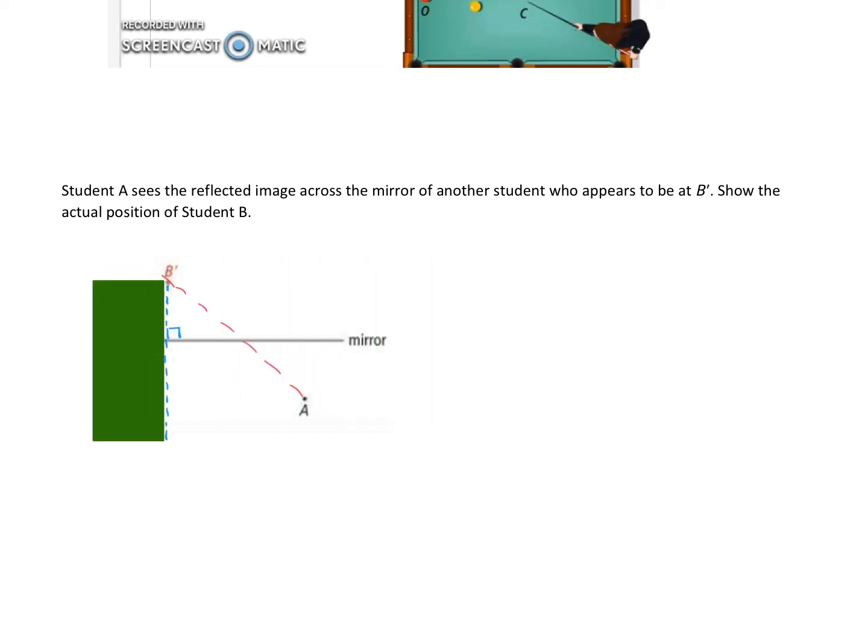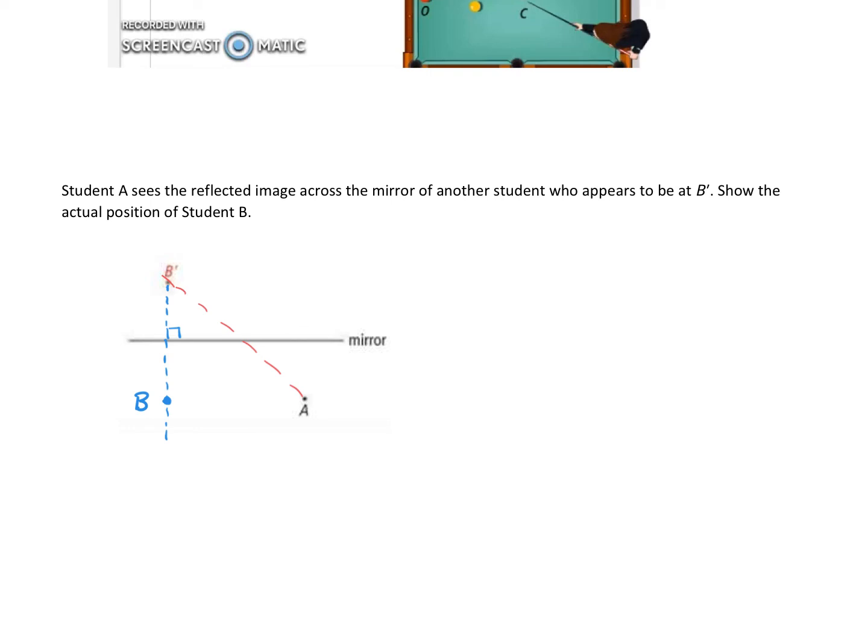I'm going to resize it so my rectangle is the same length from B' to the line of reflection. I'm just going to move it down. And again, you can be creative and find your way of doing this. I'm going to plot the point right there. I am going to get rid of the rectangle. And this is where student B is located, right here.